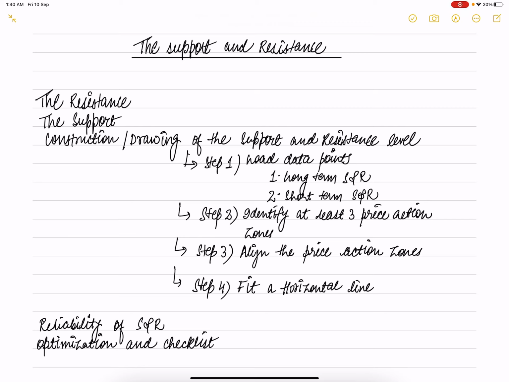The more price action zones the horizontal line connects, the stronger the support and resistance. Support and resistance can be used to identify targets for the trade. For a long trade, look for the immediate resistance level as the target. For a short trade, look for the immediate support level as the target. Lastly, comply with the checklist for optimal trading results.